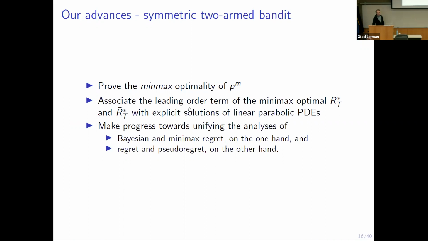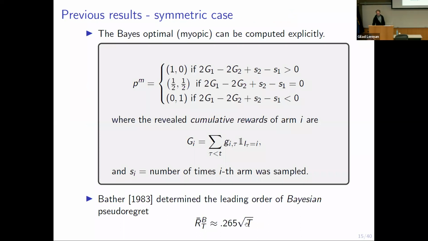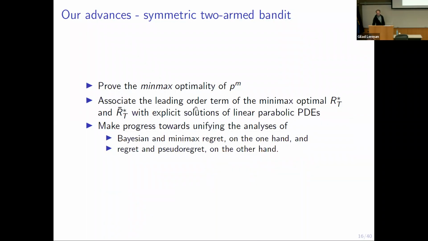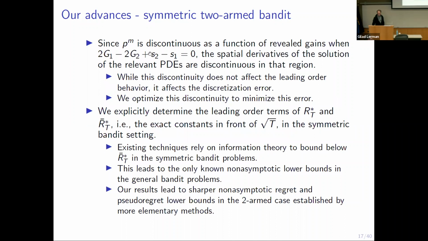So in this work, we unified Bayesian and min-max regret, because to compute Bayesian regret you don't need this step. You just prove whatever Bayesian optimal player you find. You don't need the min-max proof, but you could still put it in our PDE. This quantity will come out of our PDE methods. And we also unified the analysis of regret and pseudo-regret by varying the final value of the problem.